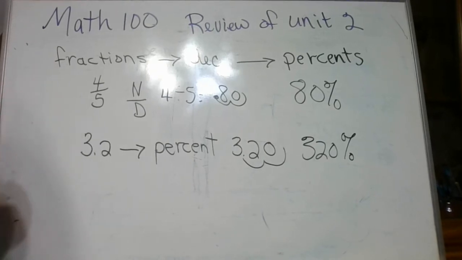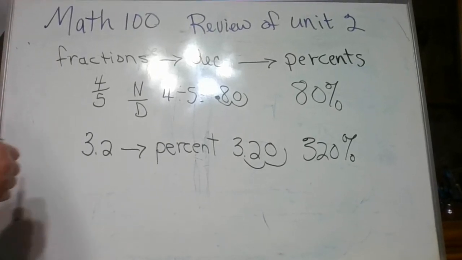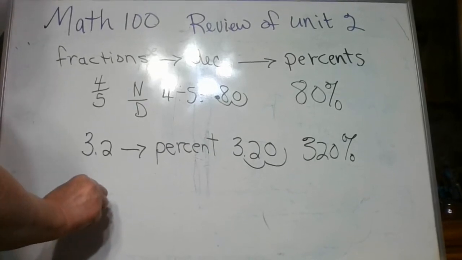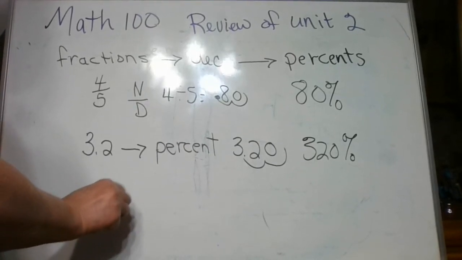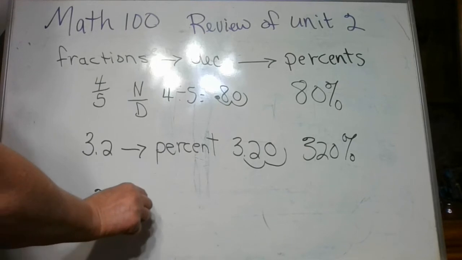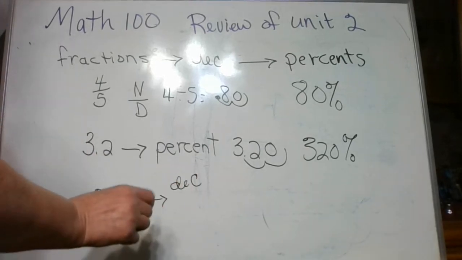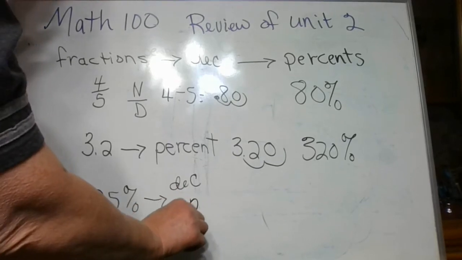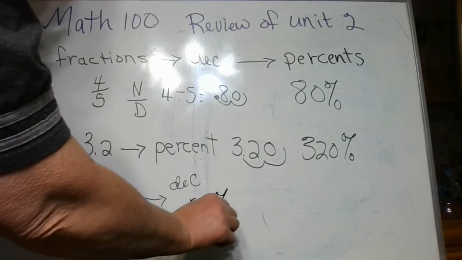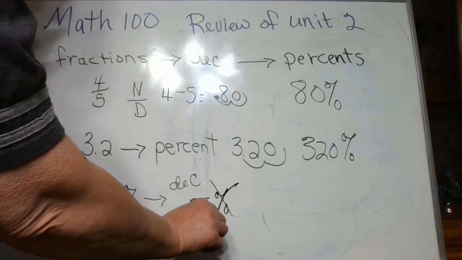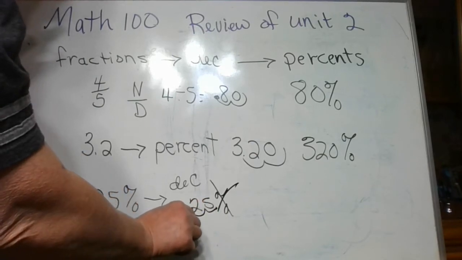Now, if I have the percent 25% and I'm asked to change it to a decimal, I will take off the percent sign and move the decimal 2 places to the left.